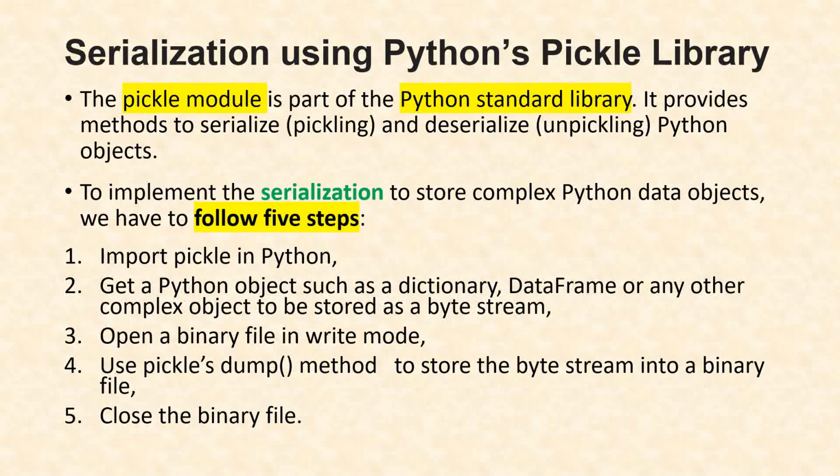First, we load the pickle module, then get the complex structure and assign it to a variable, then open a binary file in the write mode, then dump the complex structure in the binary file using the dump method and close the binary file.